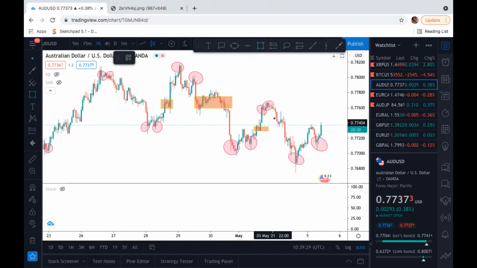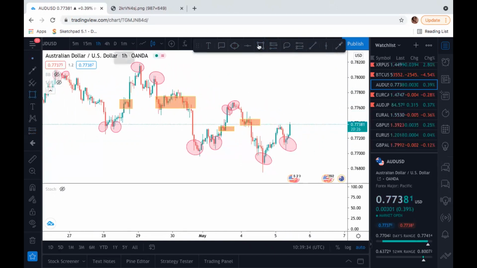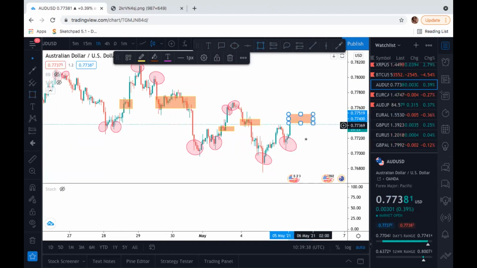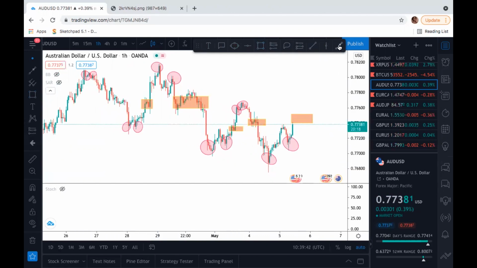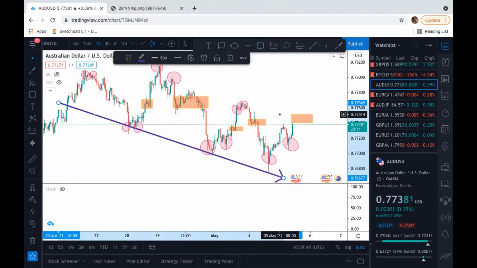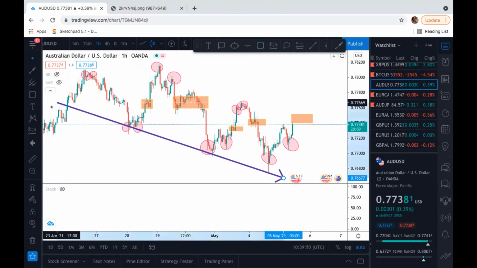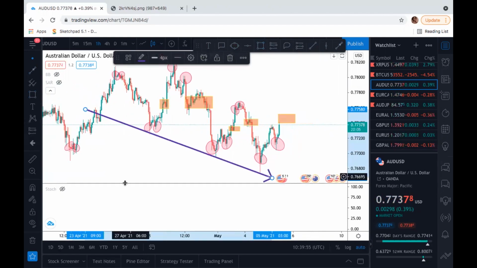Not always going to be the same thing. We got it here, and now we're going to wait for it to happen here as well. This market is actually on a downtrend. How do I know that? It's been creating lower highs. That's how I know it's on a downtrend.